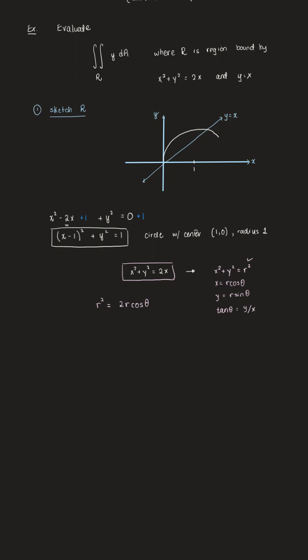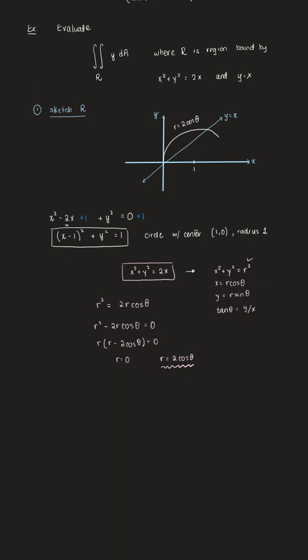So I could divide both sides by r, assuming r is not 0, or we can factor on one side and solve for r so we don't lose one of the solutions. When we factor here, we have r times (r minus 2 cosine theta) equals 0. So this is either r is 0 or r equals 2 cosine theta. This rewriting includes r equals 0 when theta is pi over 2. So we have changed our original equation to r equals 2 cosine theta.